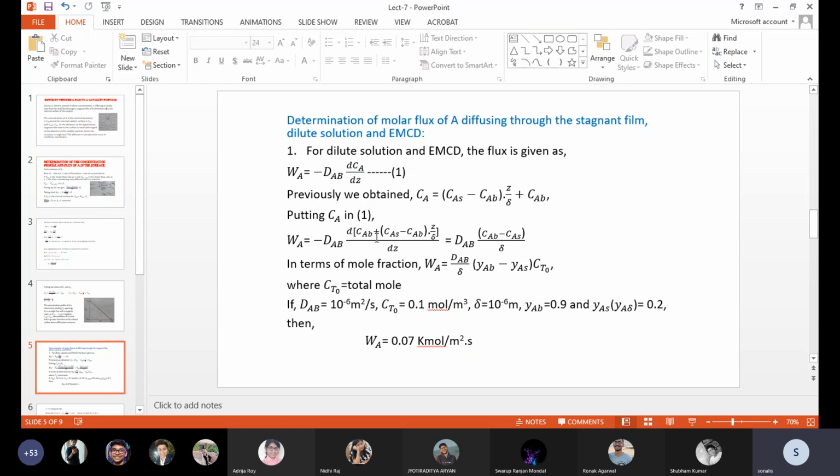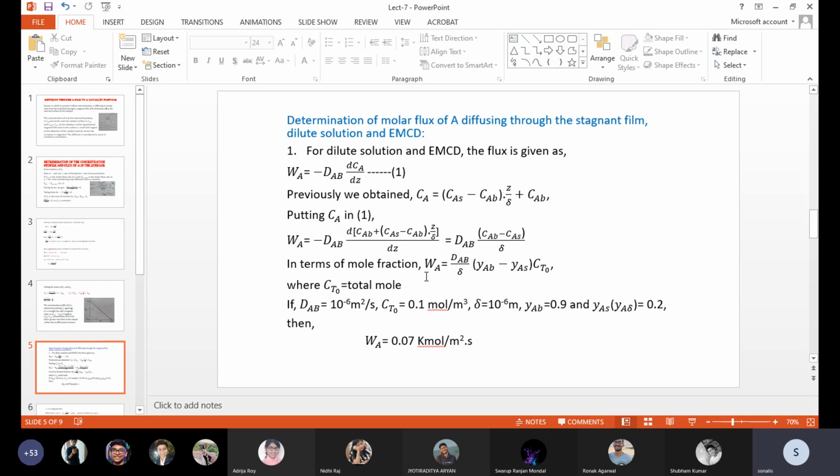Now it is (C_AS minus C_AB) by delta, the Z does not come here, and making it opposite, C_AB minus C_AS, the minus sign goes out. So ultimately W_A is equal to D_AB (C_AB minus C_AS) by delta.